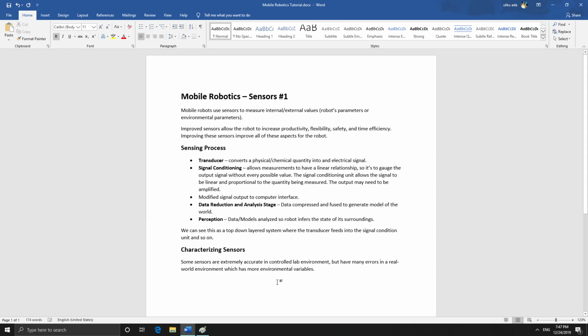So if we have measurement range, then we can say that this is the difference between the maximum and minimum measurement. And then we can have the accuracy, which is the difference between the actual and estimated output.